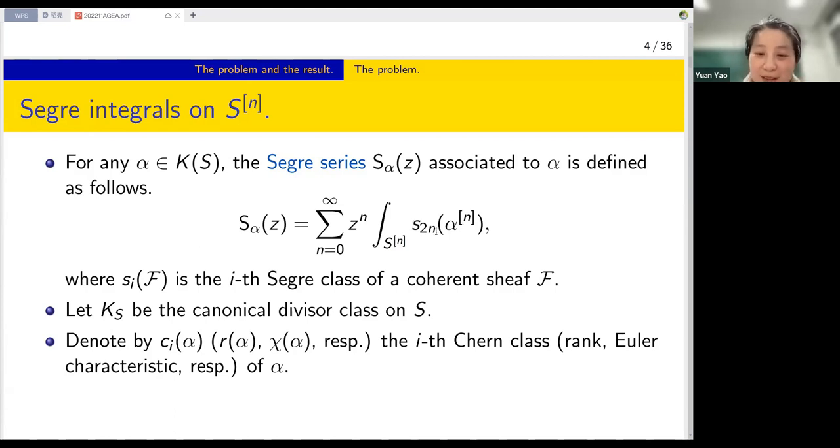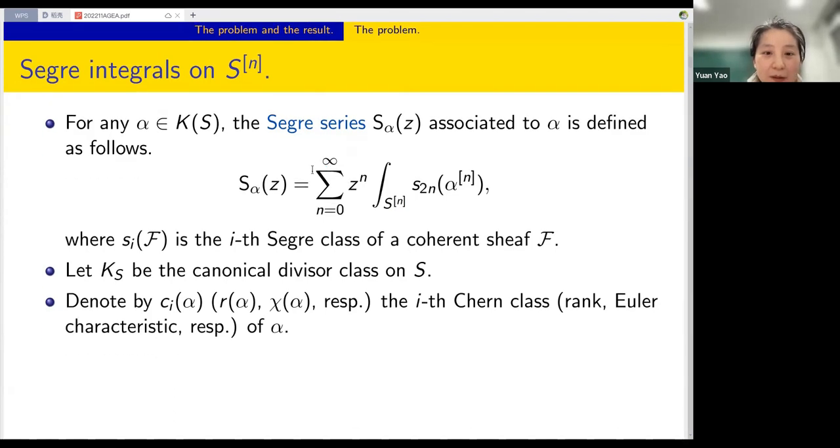It should be zero-dimensional, so you can count the number of points. Then we put everything together. We let n start from 0 to infinity. When n is 0, everything is empty, and we let this integral be 1, so the series starts with 1.